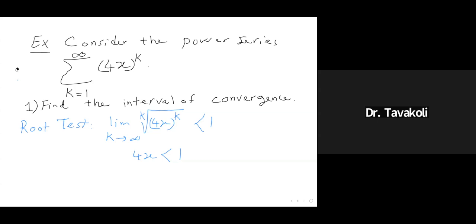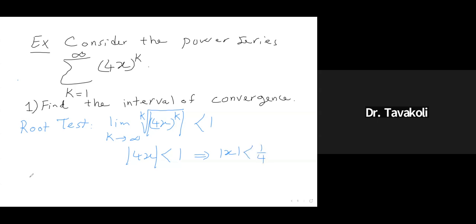And as I have mentioned before, here we needed an absolute value as well, as you might remember in the root test, we need to have the limit as k tends to infinity of the kth root of the absolute value of the kth term. So that's why we need absolute value here. This is less than 1, meaning that if I divide both sides by 4, absolute value of x is less than 1/4.